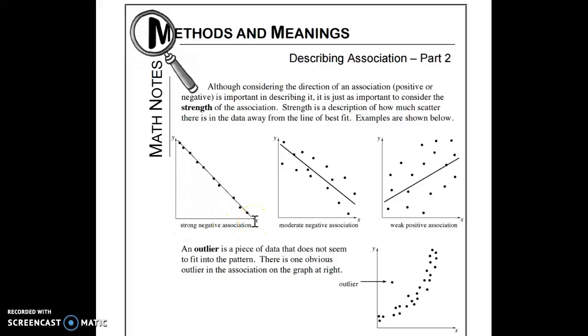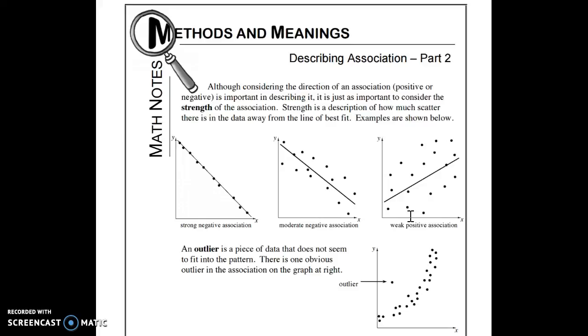That's a negative association. And then here we've got a positive association. Something along the x-axis is increasing as along the y-axis is also increasing. So this goes along with that example I shared with height increasing, shoe size increasing.